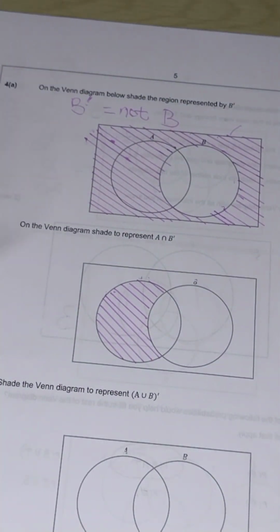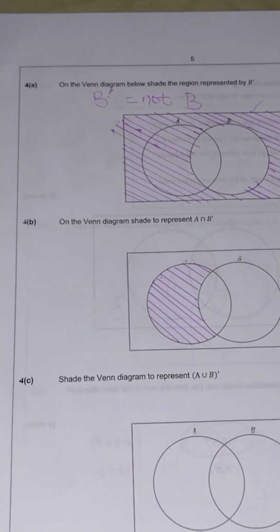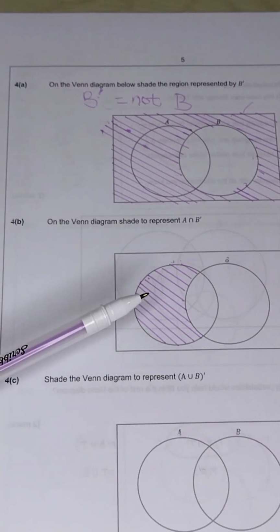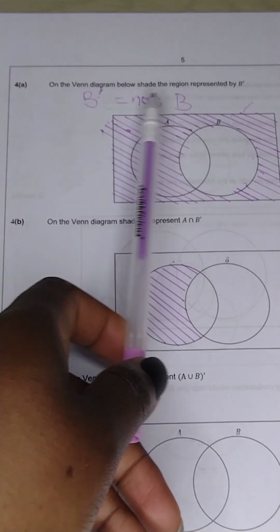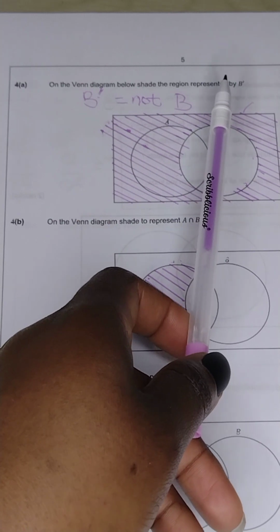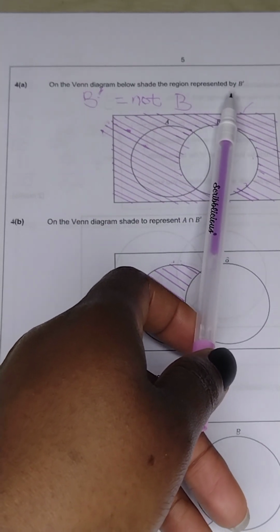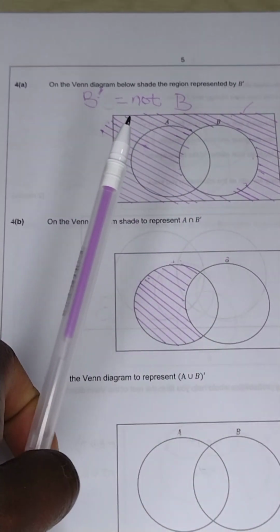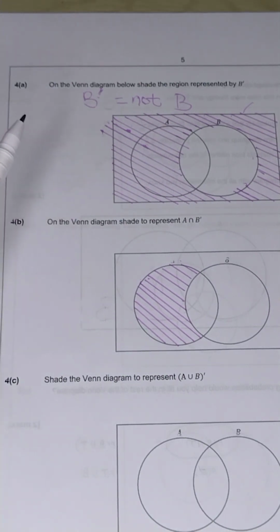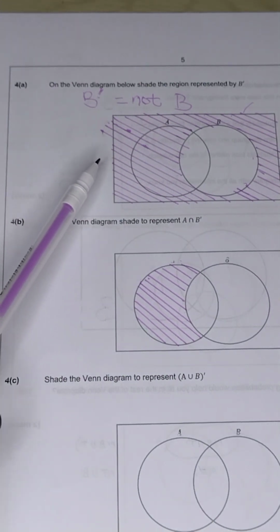Just before I go on to solve 4C, the difference between 4A and 4B is this. When they asked the question in 4A, they said to shade the region that is represented by B prime. So shade the region that is not B. They were less specific, right?